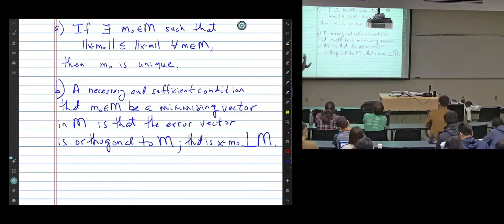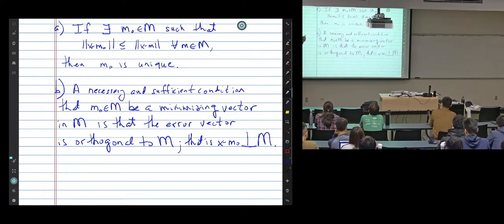Okay, so this is giving us a ton of information. It doesn't say that we can always successfully find one. Okay, but the property we want to look for is this picture that I showed you in R2. The error vector is orthogonal to the approximating subspace, okay?